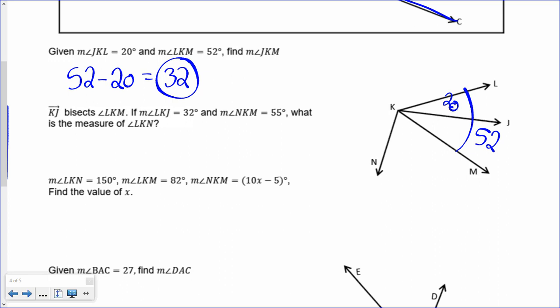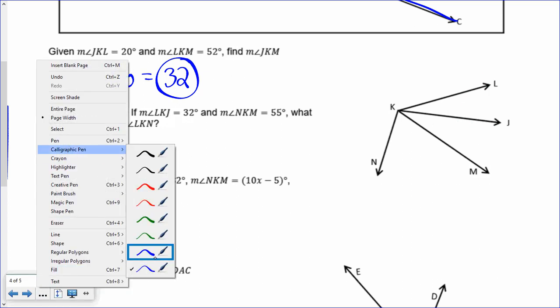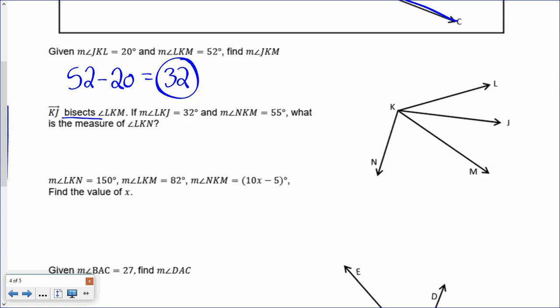All right, what does this tell me right here? I'm going to erase what I just drew because I don't want that anymore. It resets for each question. What does that word bisect indicate for us in this question? Two parts are equal. I just got to find out which parts. So it says that KJ, by the way, what does this symbol mean? It's a ray. So ray KJ right there bisects this angle.